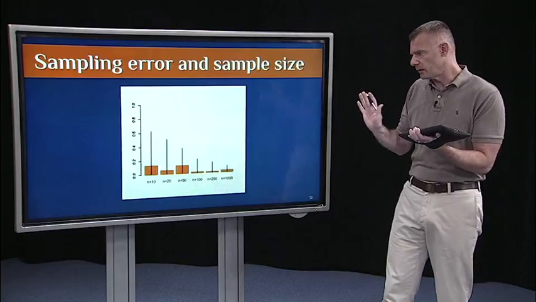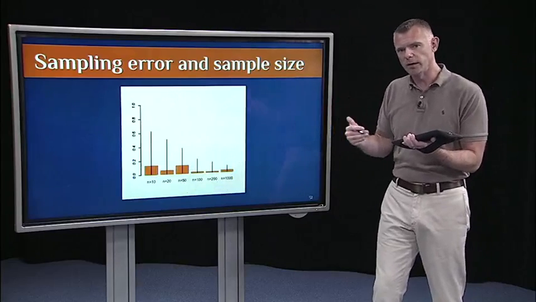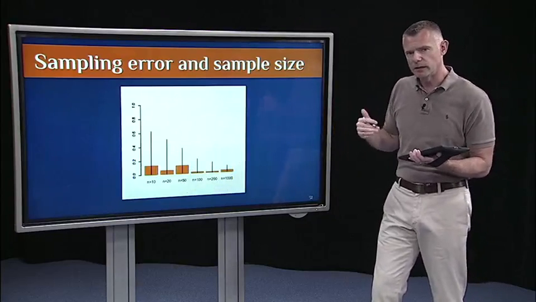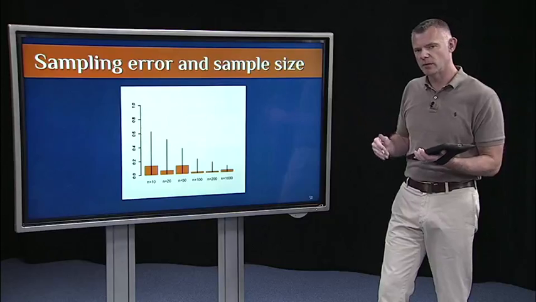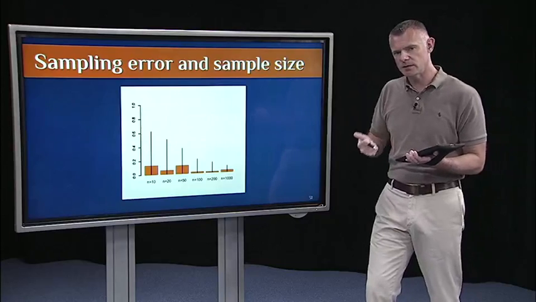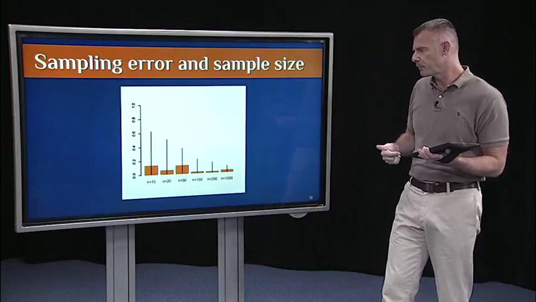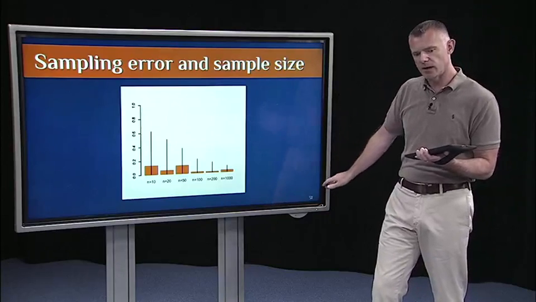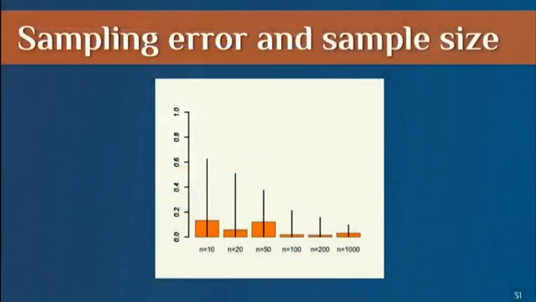Another way to look at this, and just to drive home this point, that sample size really drives and determines sampling error and influences the t-value and the p-value, is here, again, we've taken 6 different sample sizes. Again, same sizes, 10, 20, 50, 100, 200, and 1,000.